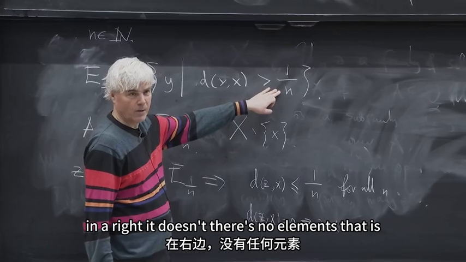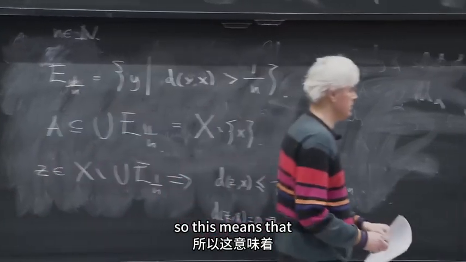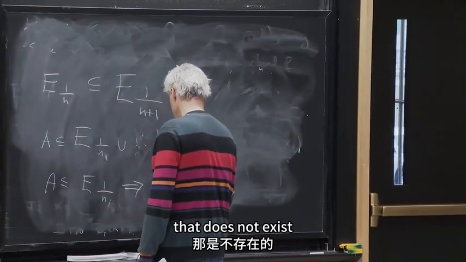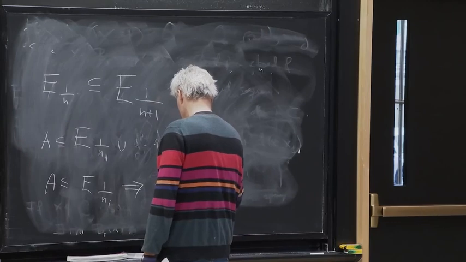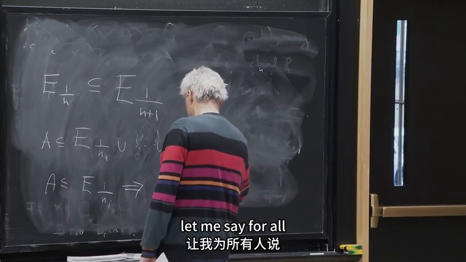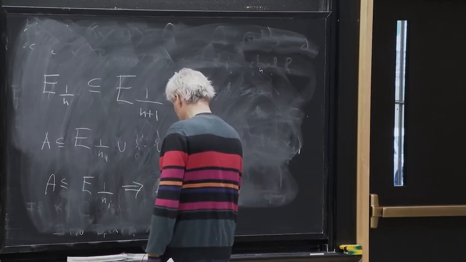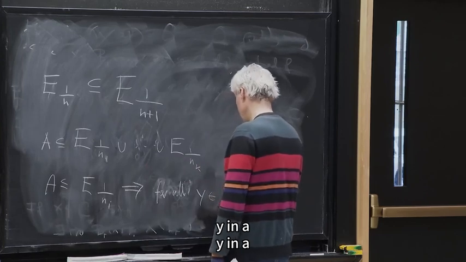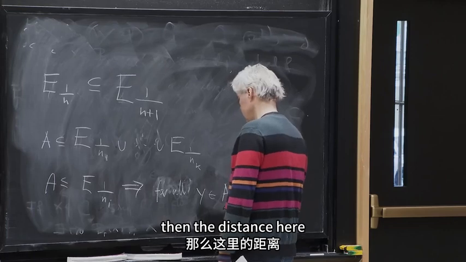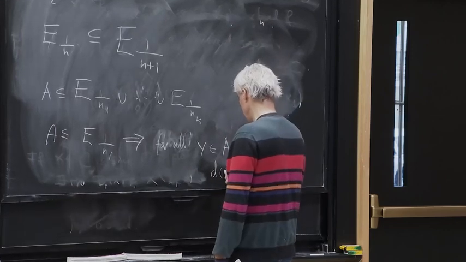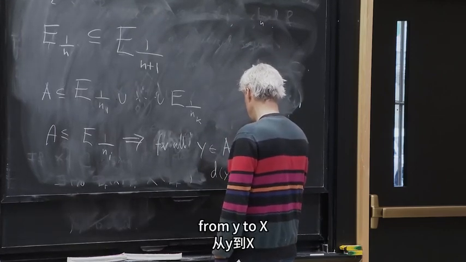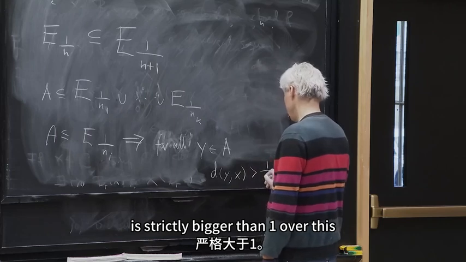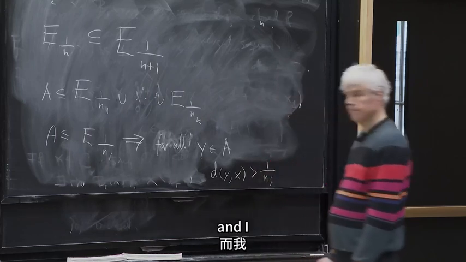There's no element that is, so this means that there does not exist, let me say it, for all y in A, the distance from y to x is strictly bigger than 1 over this ni, right?